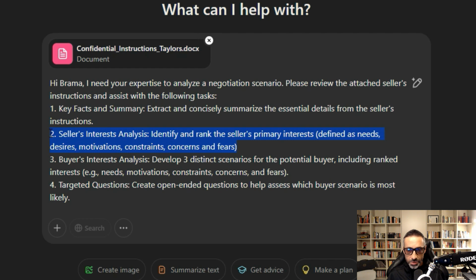Identify and rank the seller's primary interests, defined as needs, desires, motivations, constraints, concerns, and fears. Third, buyer's interests. Develop 3 distinct scenarios for the potential buyer, including ranked interests, needs, motivations, constraints, concerns, and fears. Fourth, targeted questions. Create open-ended questions to help assess which buyer scenario is most likely.